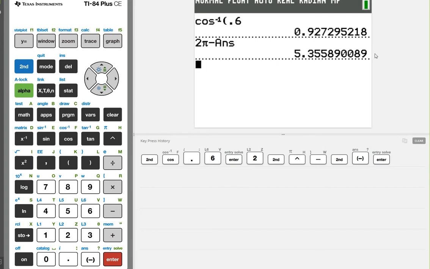Now you can round that to whatever you need. The only other thing I could see them asking you to put in, and I just don't envision it happening, would be the cosine inverse of 0.6 or 2 pi minus the cosine inverse of 0.6. I just don't see them doing that though. Okay, appreciate the question. Thank you. Let's keep going.